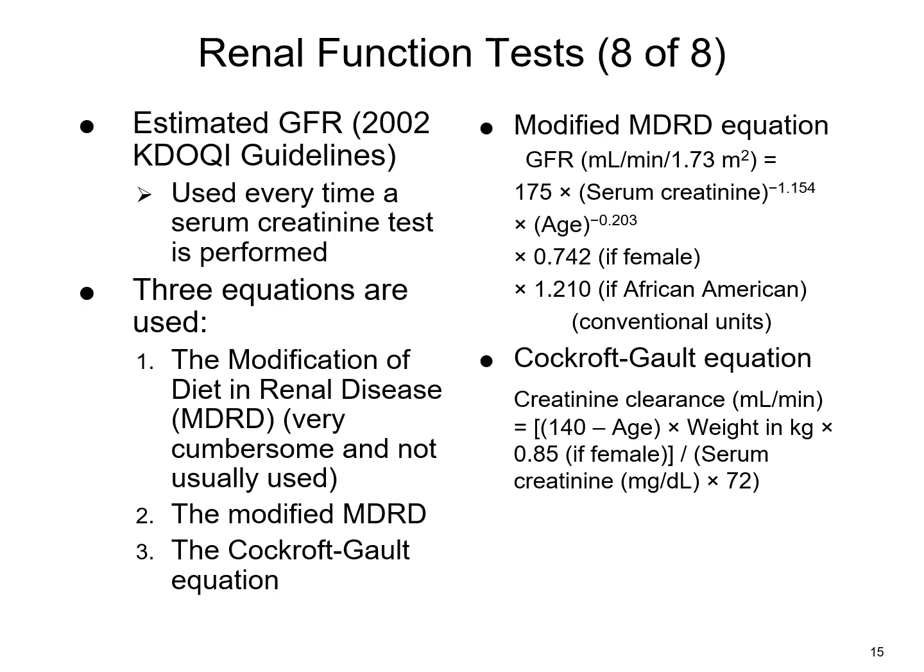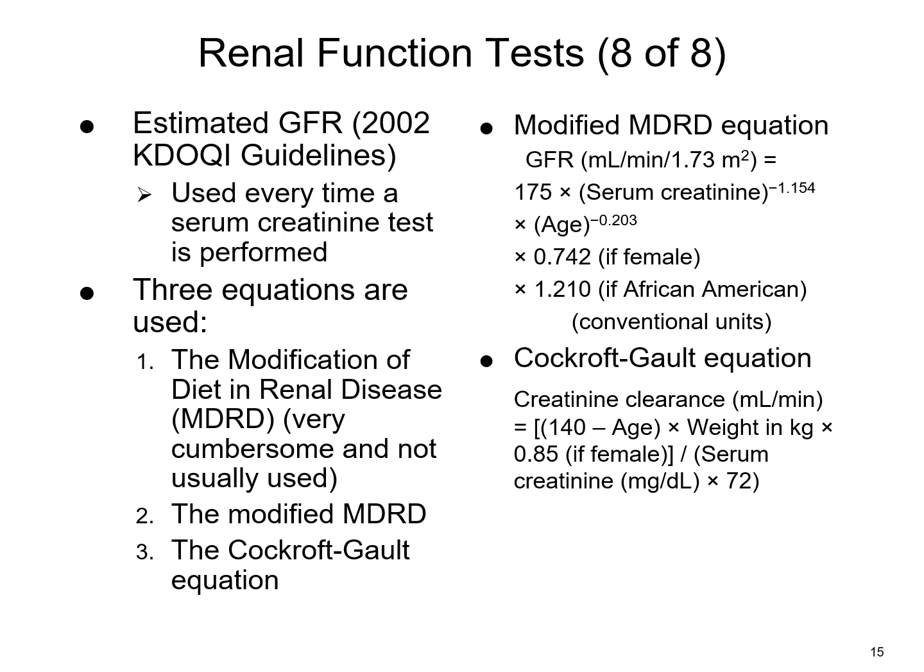And then there's also the modified MDRD, which is used in a lot of hospital settings where they're able to program these equations into the LIS, or the Laboratory Information System, their computer system, where it's able to pull these different demographics from the patient's chart and do these calculations for you. Once those serum creatinine results are put in the computer, it will generate that. And then there's also the Cockcroft-Gault equation.